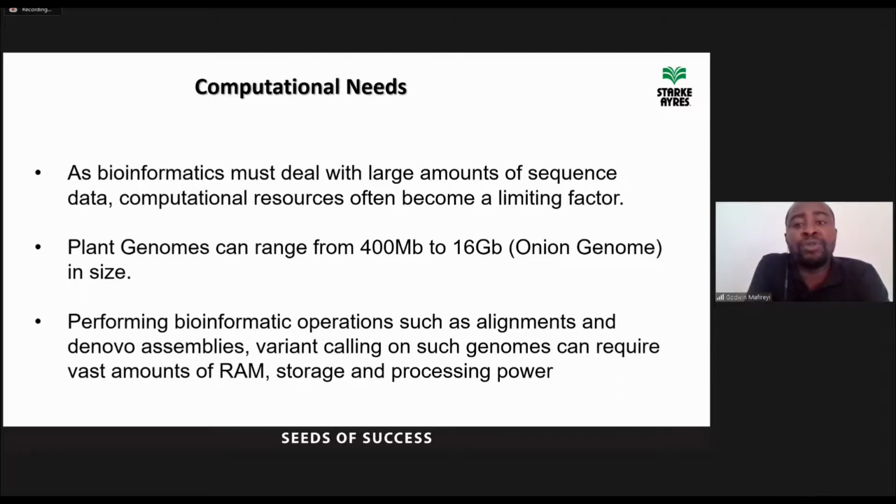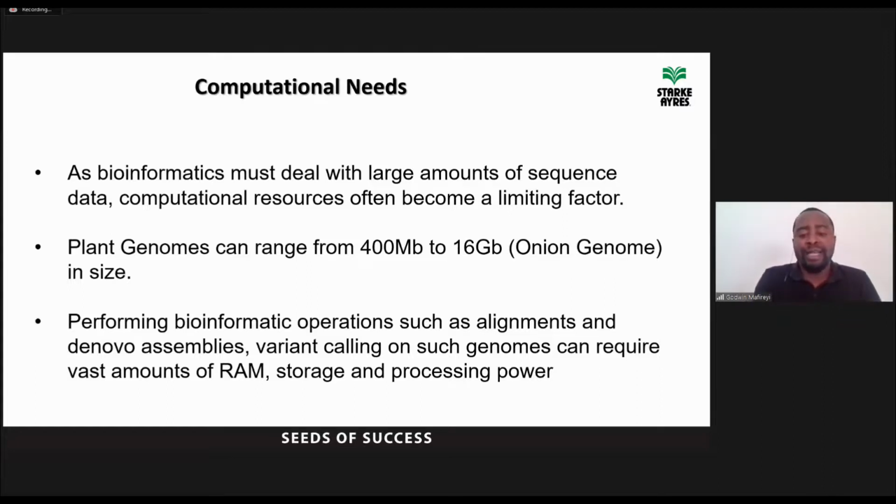So to process this data requires a lot of computational resources. We're doing plant genomes that range from 400 megabases to 16 gigabytes. That's the onion genome. So performing such bioinformatics operations in this type of plants might actually call for vast amounts of memory, storage, and processing power.